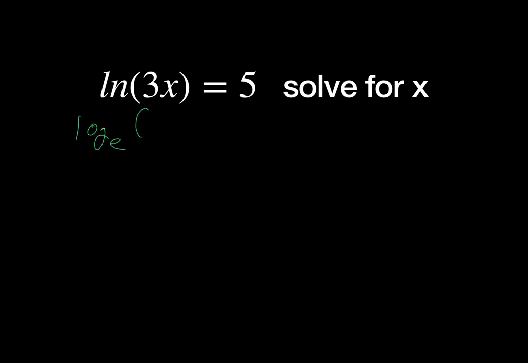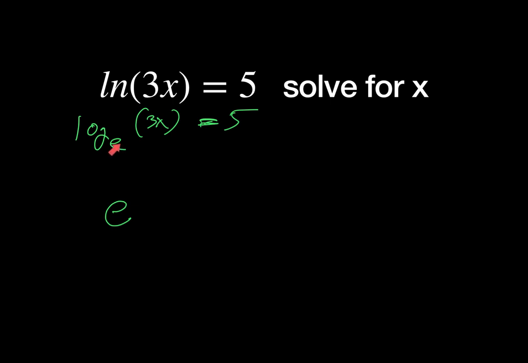Log base e of 3x equals 5. Oftentimes, if it's a natural log and you're asked to solve, I'm probably going to be asking you to convert it to exponents. So I've got to convert to an exponent. What is my base? My base is e. What's my power?